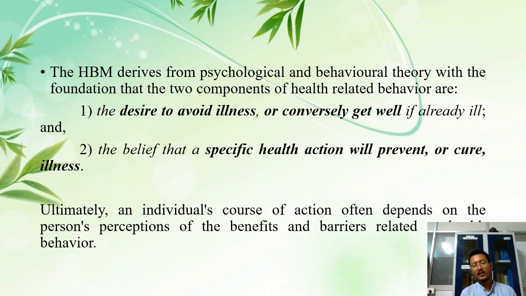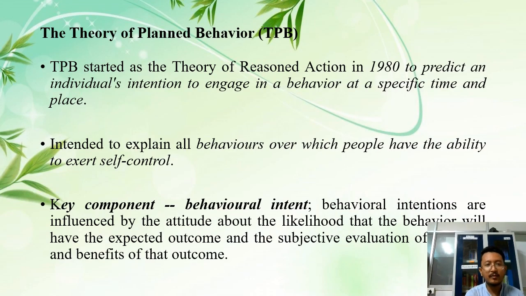Now from this model, we can derive certain assumptions or hypotheses to conduct further campaigns, right? So moving on to the next theory, which is known as the theory of planned behavior, TPB, right?